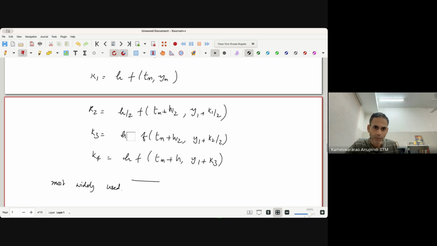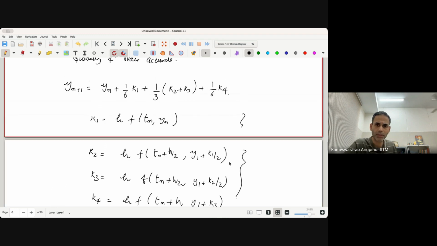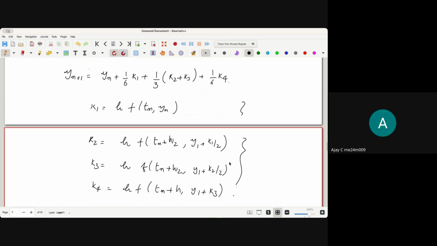There is no h by 2 in the front; these are just h. Okay, so that is the RK4 method. I will anyway give you these values in the exam or in the assignments, so you don't have to remember them.